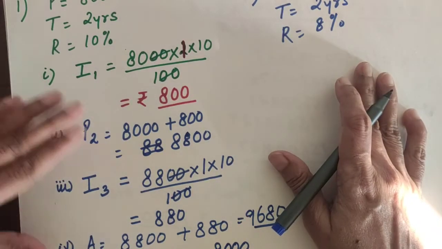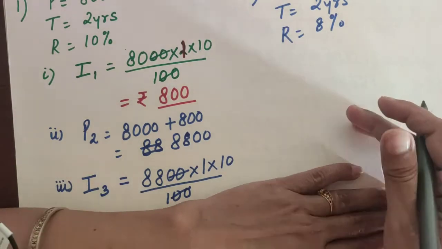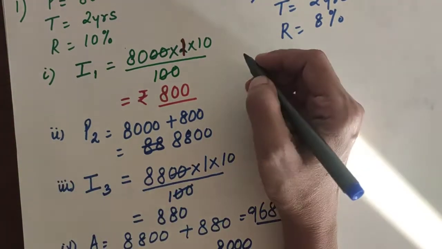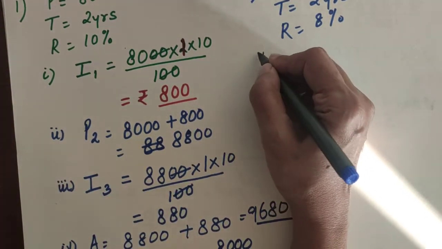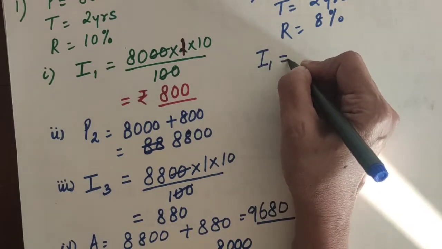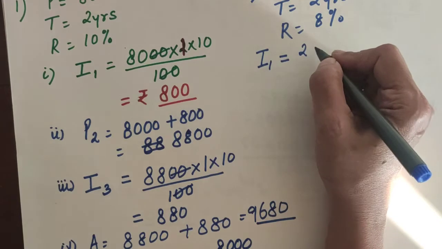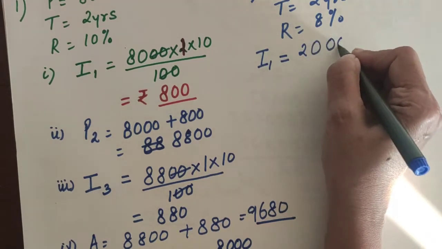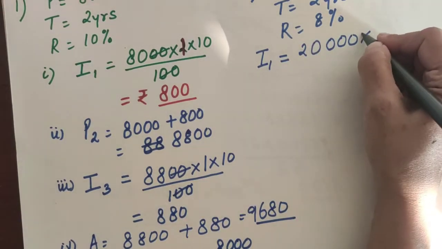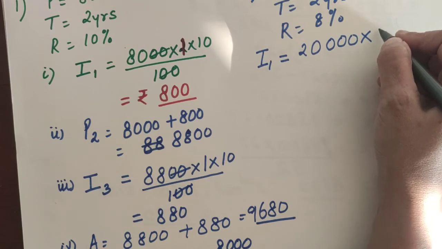Now interest for the first year is the same simple formula. First year I1 is equal to PRT, which is 20,000 into time. Remember, don't take the entire time.